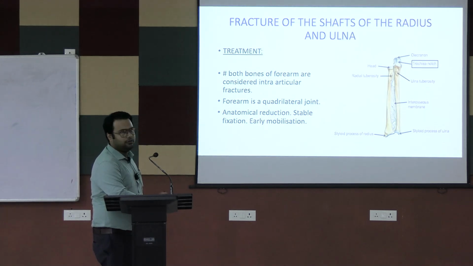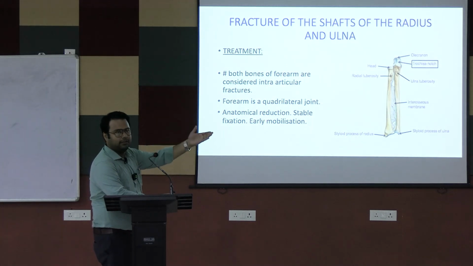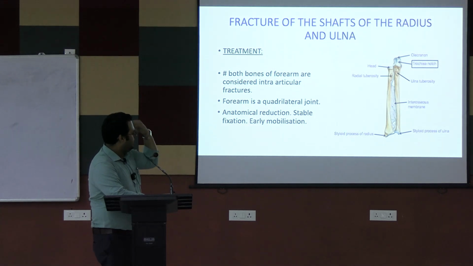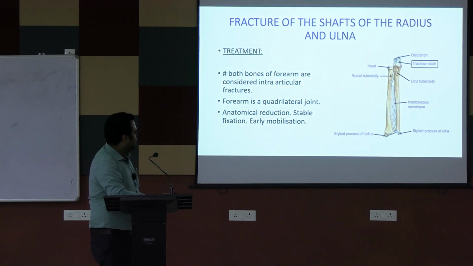The supination and pronation of the forearm take place in this forearm joint. The elbow contributes flexion and extension, while the forearm joint contributes pronation and supination. So that is considered a joint.